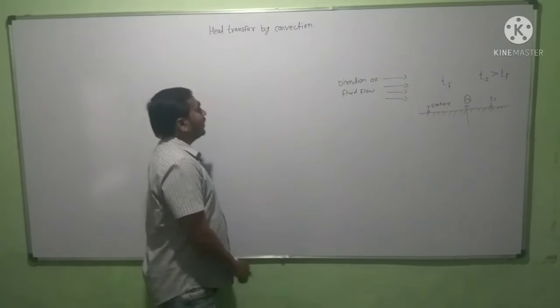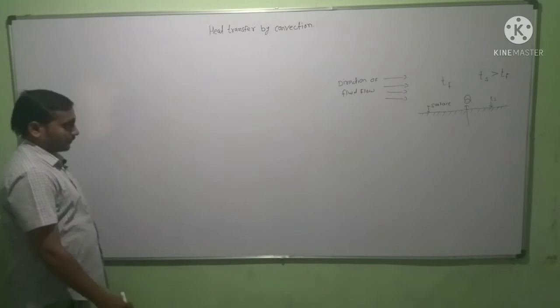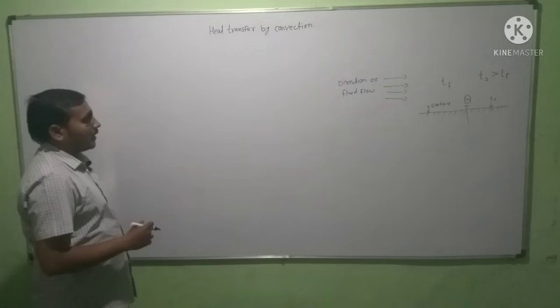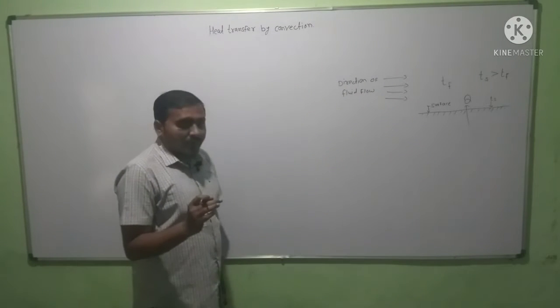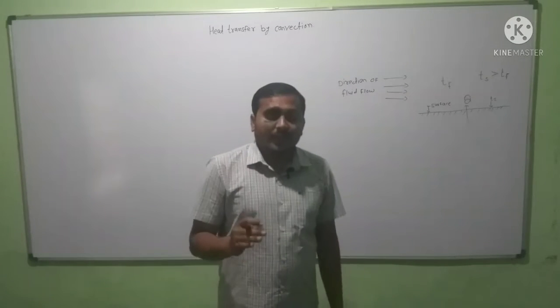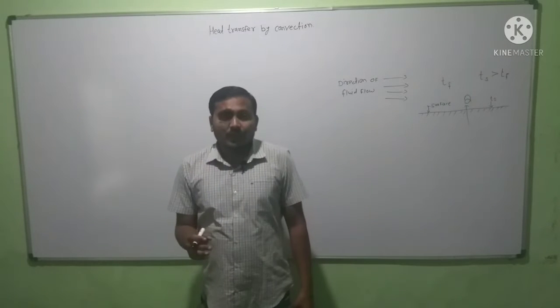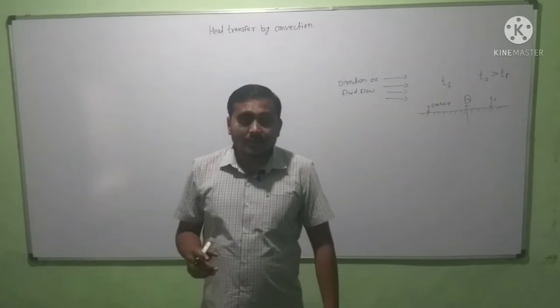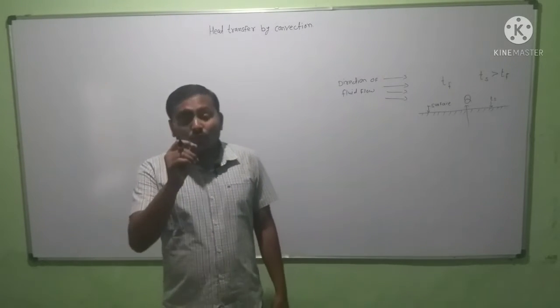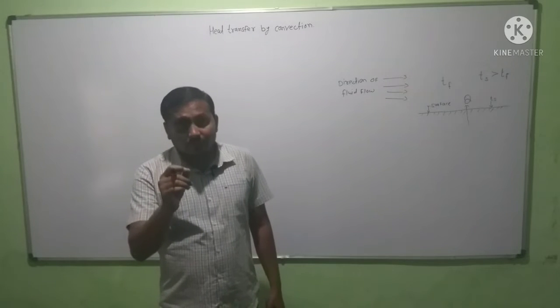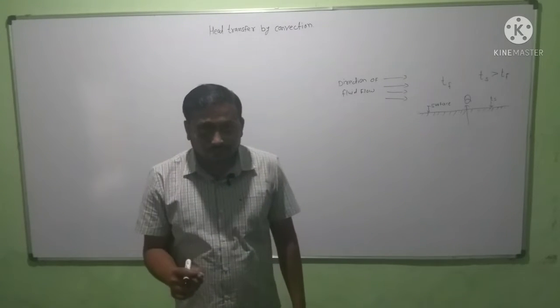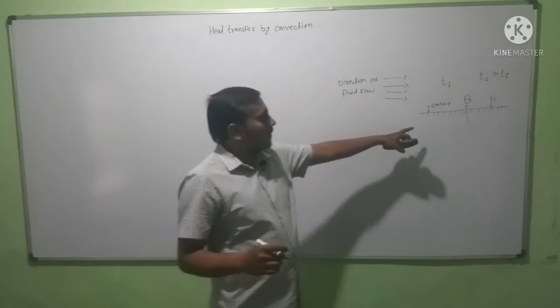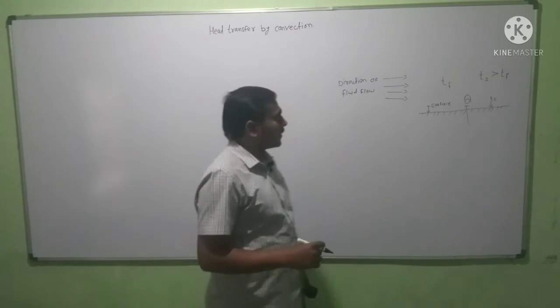So for this you have to know, according to Newton's law of cooling, the rate of heat transfer in convection is given by Q equals H into A, surface temperature minus fluid temperature.